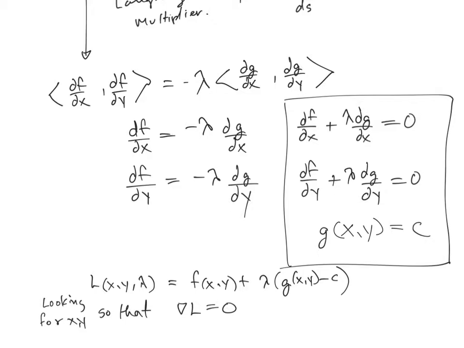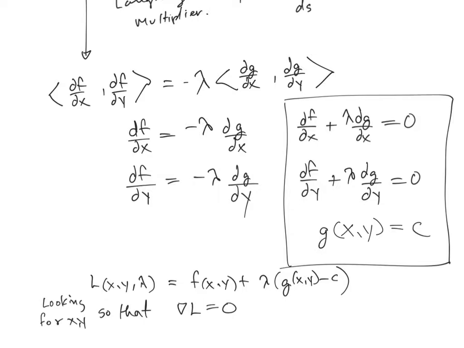Well, you'll have three equations, an x, a y, and a lambda component. And for that gradient vector to be equal to 0, each of those components has to be equal to 0. If you take the partial derivatives of this with respect to x, y, and lambda, you'll get these three equations. Okay? So that's all we have to do.